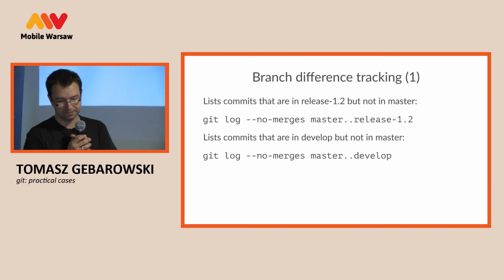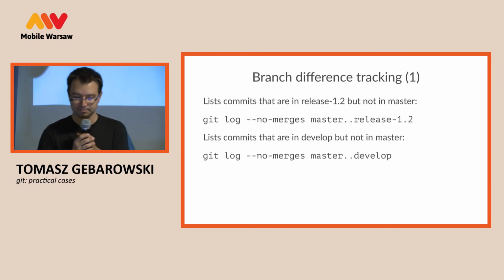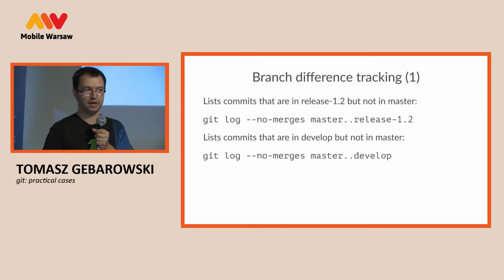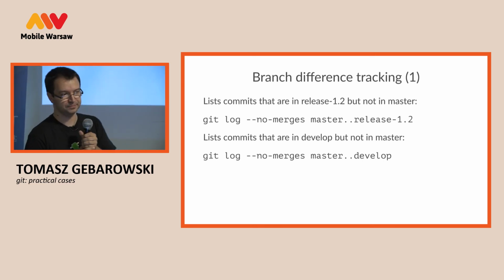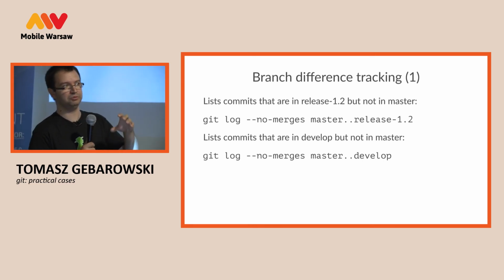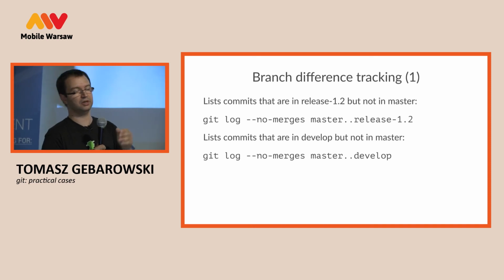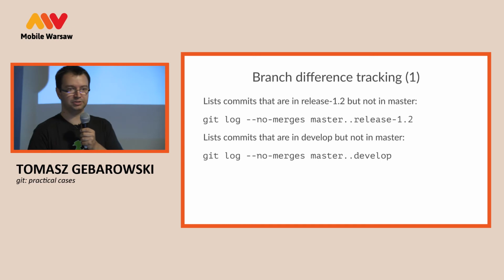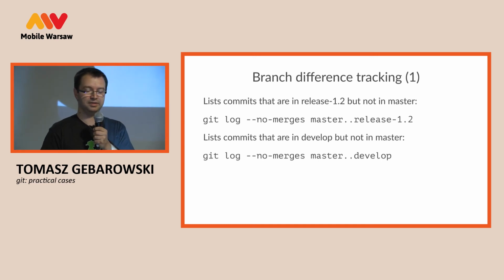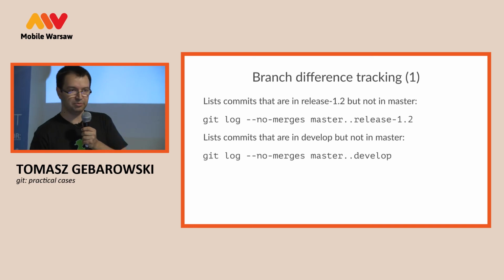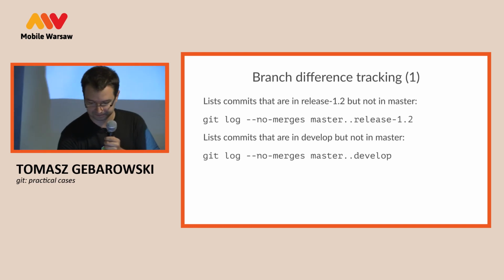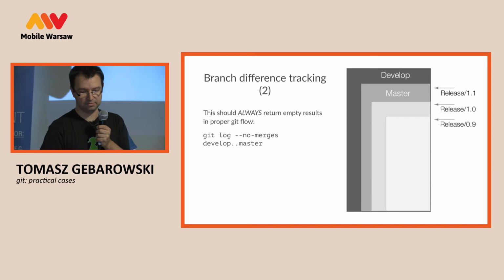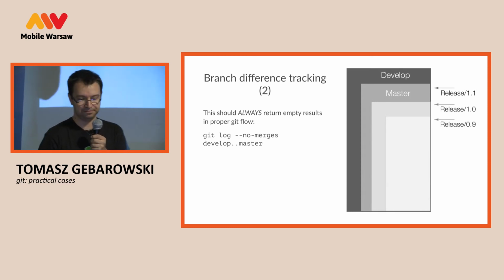And the develop branch is the branch which has the biggest subset of the commits. The master branch is the branch that should be contained in develop because it has production ready code. The release branches are the branches that are somehow contained in master at some point of time.